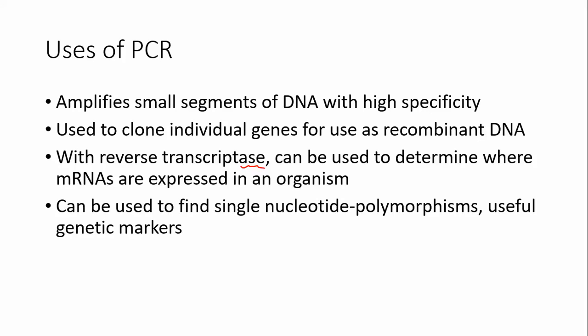You can also use these to find what are called single nucleotide polymorphisms, or SNPs, abbreviated SNPs. And these are useful genetic markers. So a lot of times when we're looking at, you have this version of a breast cancer gene, or you have this version of the hemoglobin gene, instead of the exact gene, we're usually looking at these single nucleotide polymorphisms that are located next to that gene.